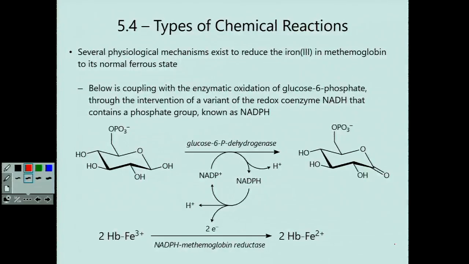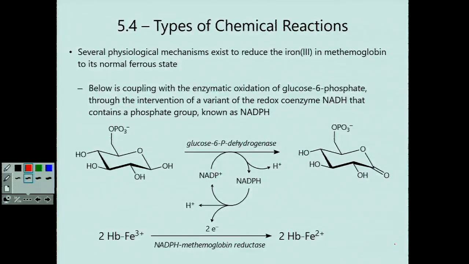Now, another enzyme that's called NADPH methemoglobin reductase takes the NADPH and reoxidizes it back to NADP+. Well, something else needs to be reduced. What's reduced? The iron 3 becomes iron 2 in the process.